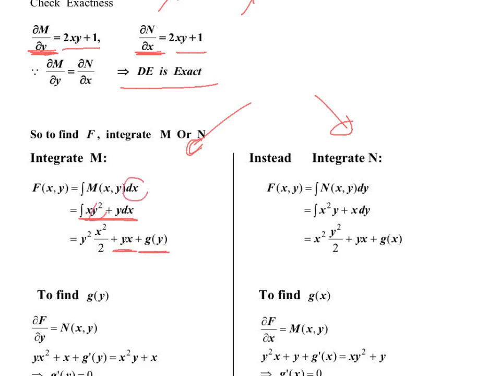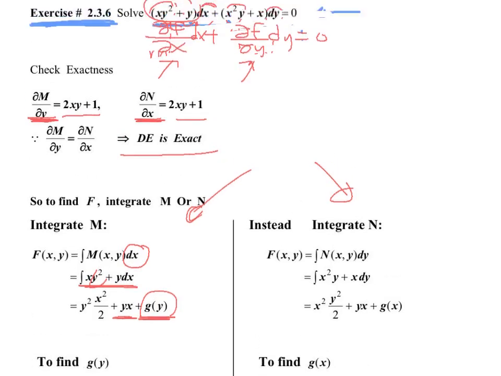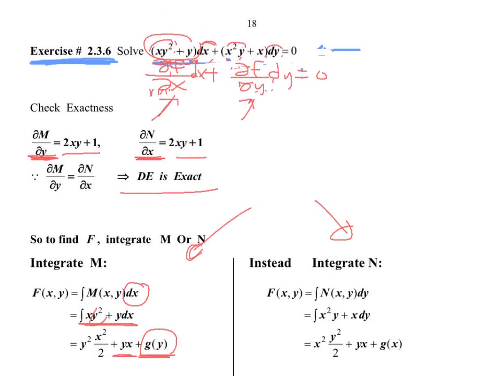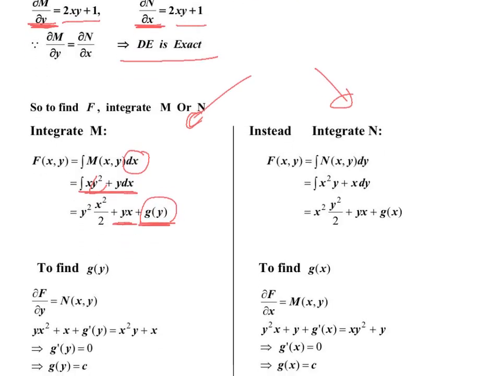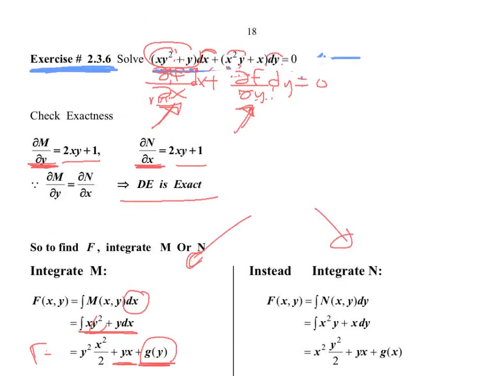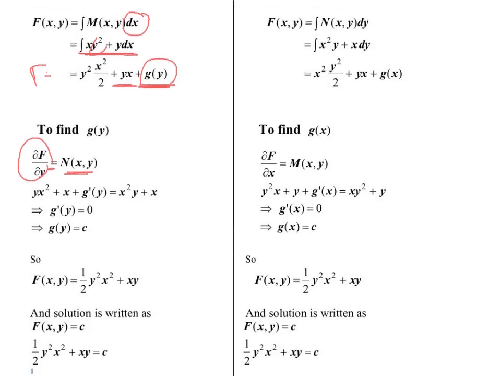When you are integrating with respect to x, y is constant. To find g of y, you have used partial f partial x. Now you have to use partial f partial y to find g of y. How? You have f, so differentiate f with respect to y and compare it with n, because n is partial f partial y.